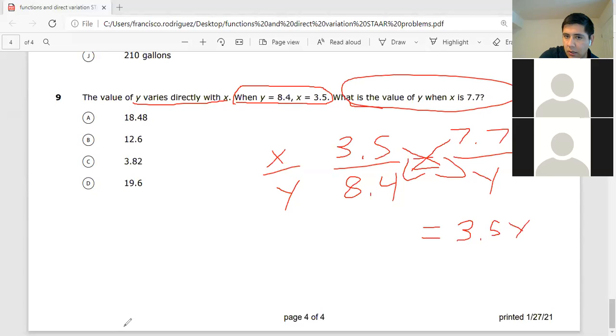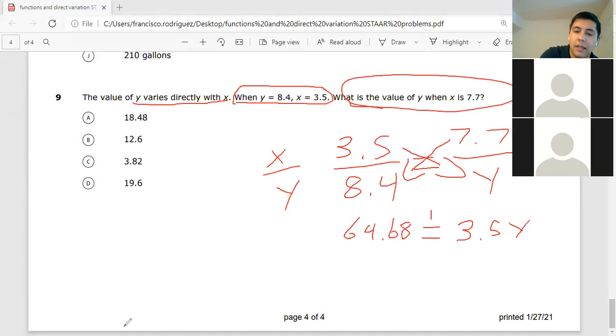Or the whole thing. So it's like the whole thing. So we're saying 3.5 times y. That's just 3.5 and y. And then we have 8.4 times 7.7, right?